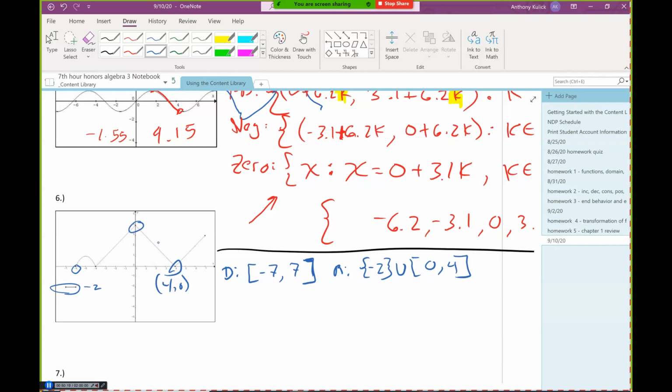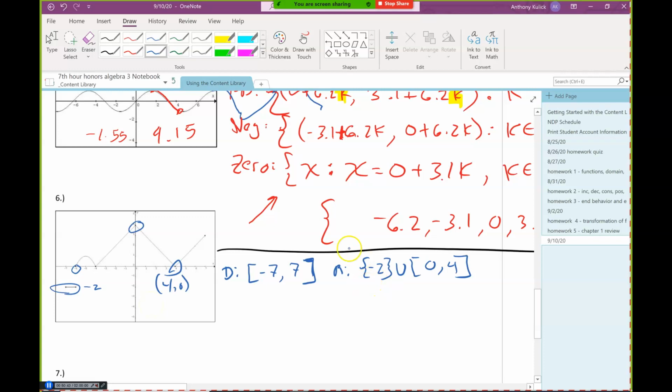Now, if we're talking about intervals of positive and negative, that's a horse of a different color. But for a range, I'm not so concerned about where the points are, just what the coordinates are. You know what I mean? Does that feel okay with everybody?